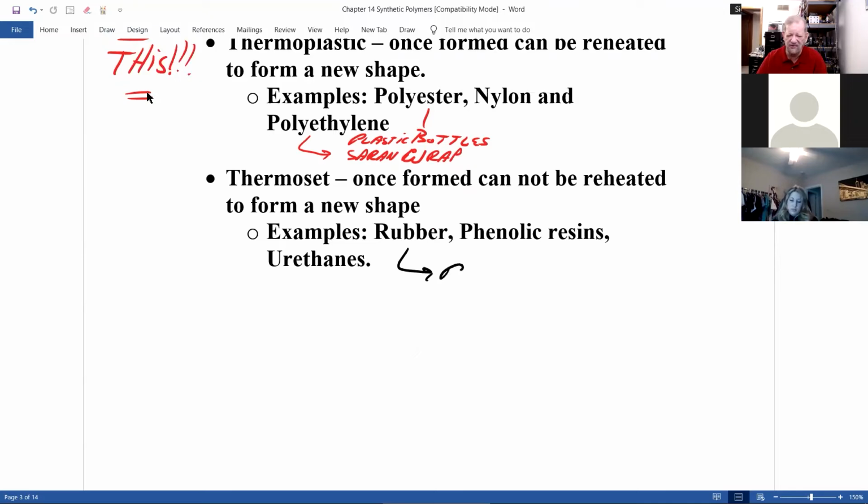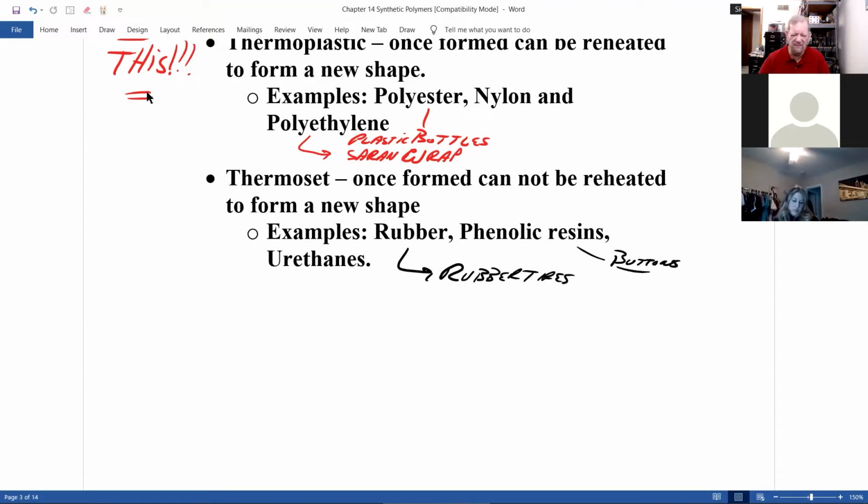Rubber, and I should have said rubber tires. Phenolic resins, which you don't know, but I do because I worked in this area. Unless you have metal buttons on, your buttons are mostly made of this material.